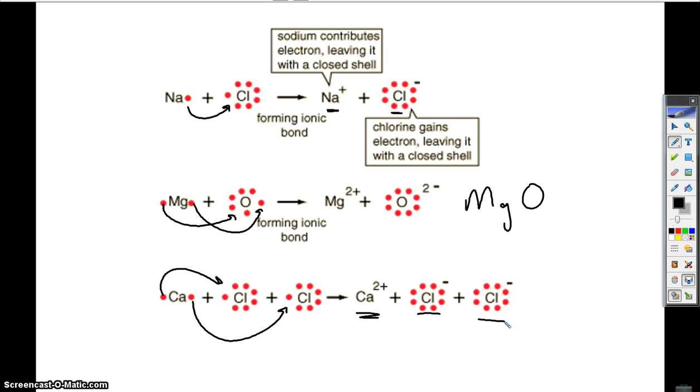So when we write the molecular formula of this, it's written as calcium chloride with a subscript 2, CaCl2, because in order to get the charges to cancel, the positively charged calcium has a +2, and each chloride ion is only -1, so we need 2 of them.